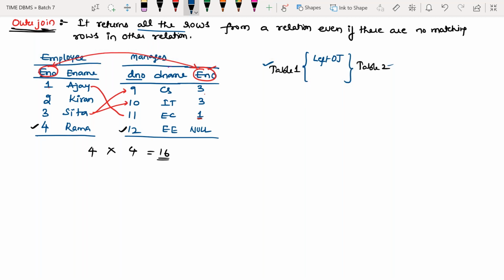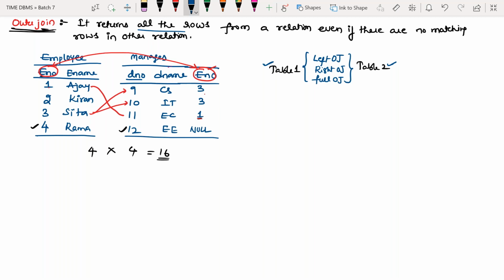And suppose I wanted all the rows of table 2, even if there are no matching rows in table 1, then we have to use right outer join. Suppose I wanted all the rows of both side tables, even if there is no matching row in the other table, then we have to use full outer join.